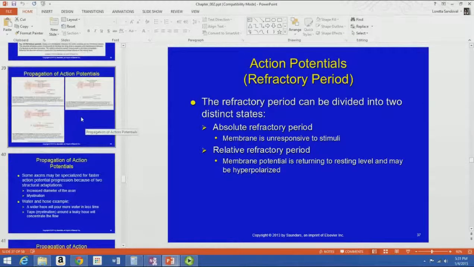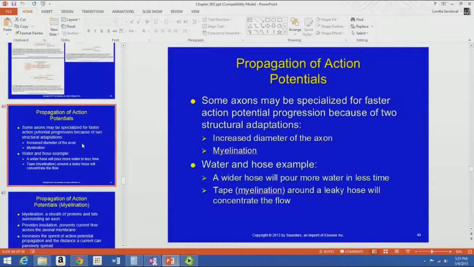Okay, so some axons are faster at progressing that action potential because either they're larger or because they're myelinated. They use the example in the book of water and a hose. If you have a big wide hose, like a fire hose, it's going to pour more water in less time than a little garden hose.